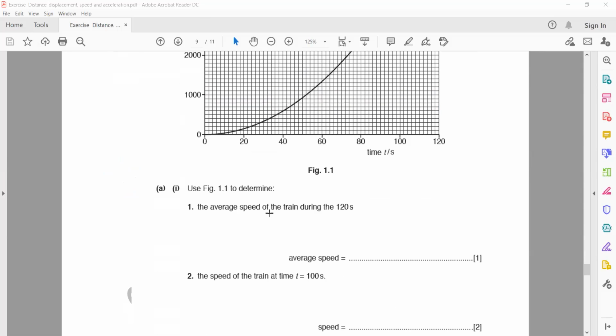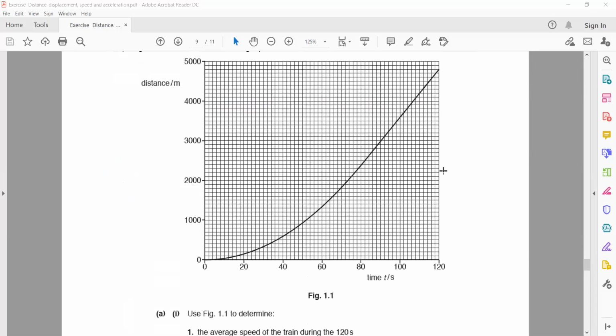The second part: the speed of the train when time t is equal to 100. So we need the speed when time t is equal to 100. First, in a distance-time graph, what does the slope represent? Slope represents speed.